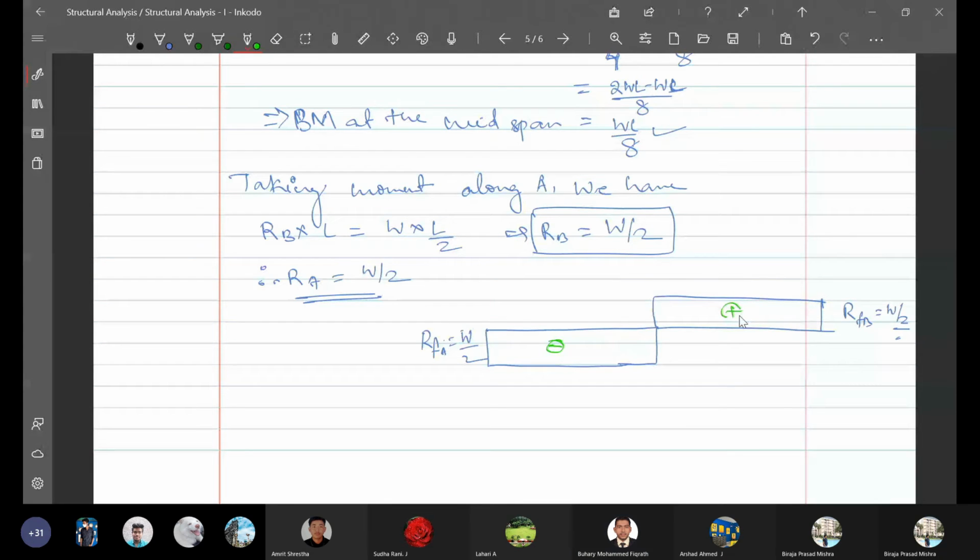We have taken RA upside in a fixed beam, so from the start it will come plus up to W. So you are saying the reverse of this one, right? Yes, sir.